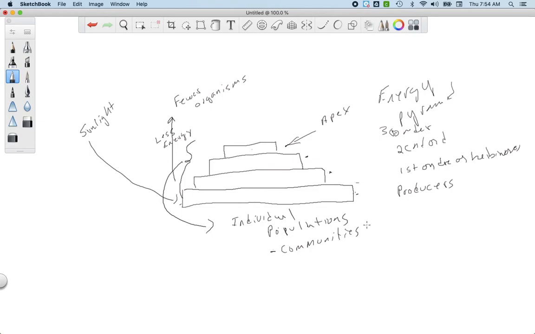Each one of those populations, each one of the individuals in those populations, and each population in the community has got two different ways it can be described. It has a habitat, which is the place that it lives. And so this particular energy pyramid, they are sharing a habitat. But it also has, each one of those populations has a niche, and that's a job to be done. So the job of the hawk is to maintain the population of the sparrows, to limit the population of sparrows.